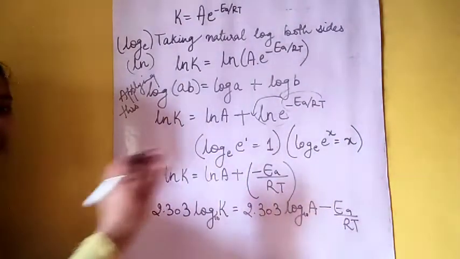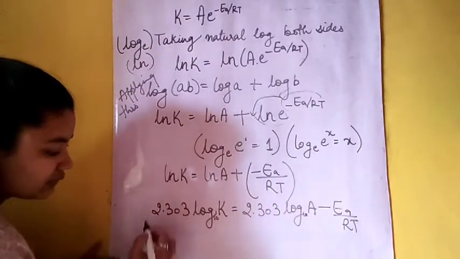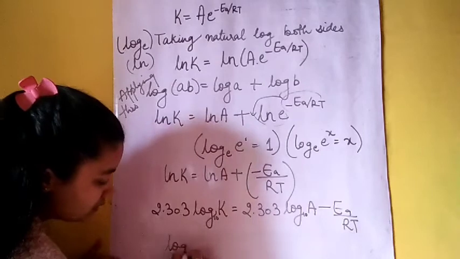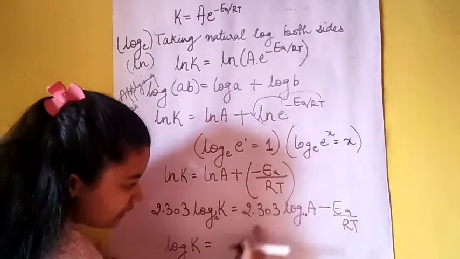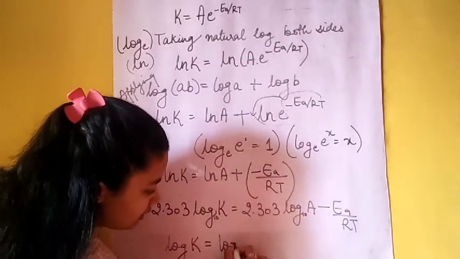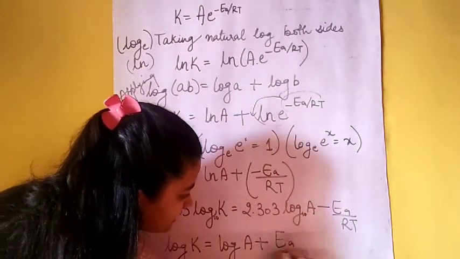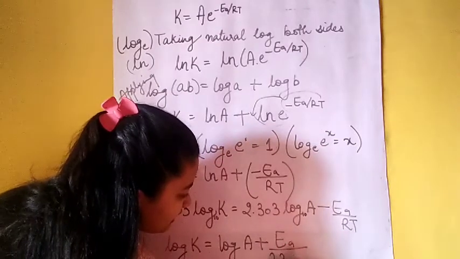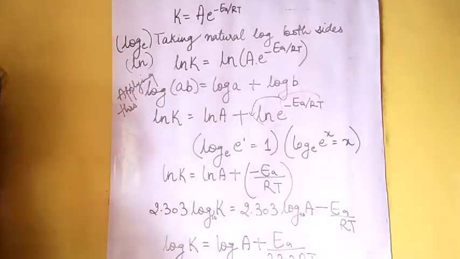If we divide the whole equation by 2.303, what will happen? This 2.303 will be cancelled. So log K is equal to log A minus Ea by 2.303 RT, right?